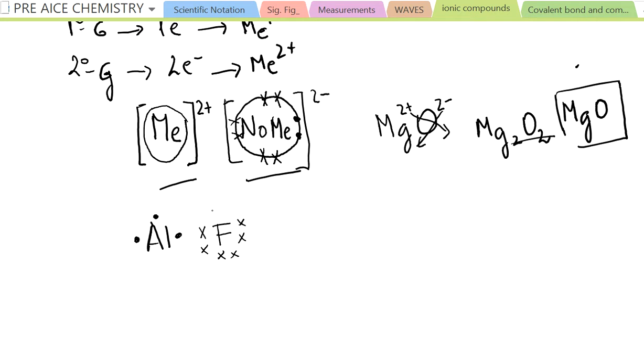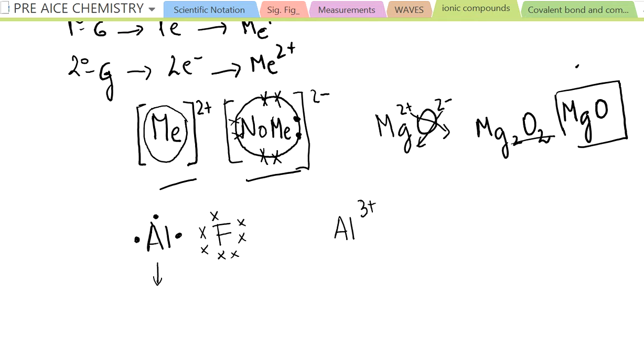Do you understand that I'm only putting the last level of electrons? Because the last level of electrons are the only ones that are going to get involved in the bonding. Okay? So how many electrons does the aluminum need to give away to be stable? 3. So the aluminum is going to become aluminum 3+.